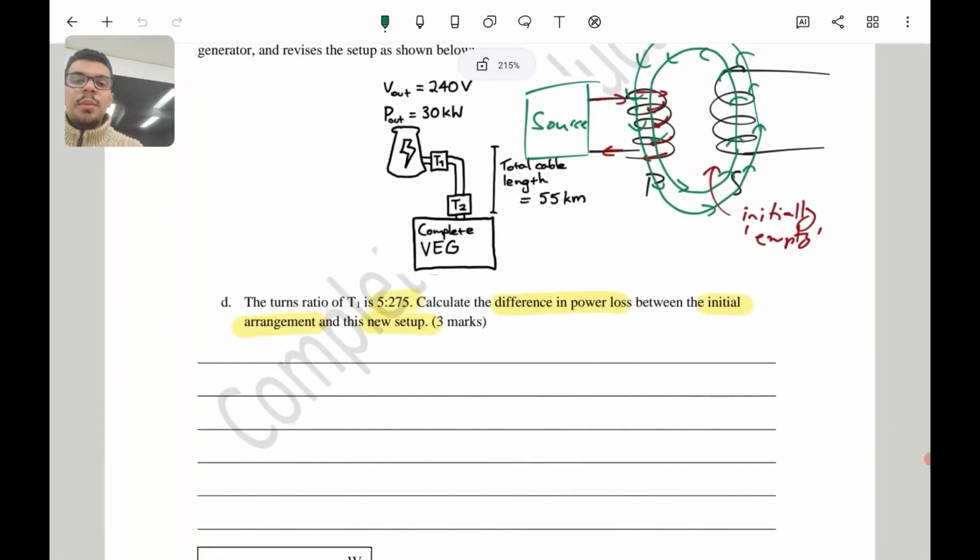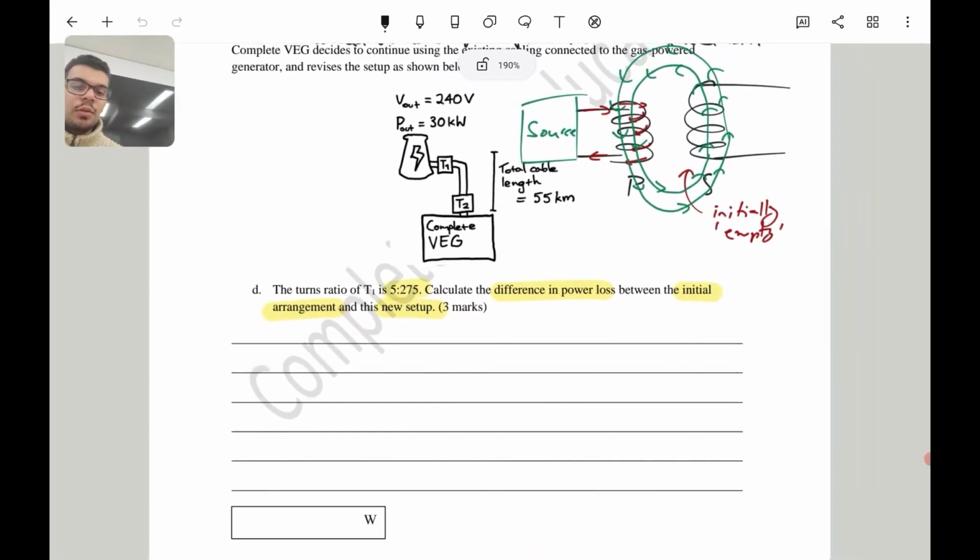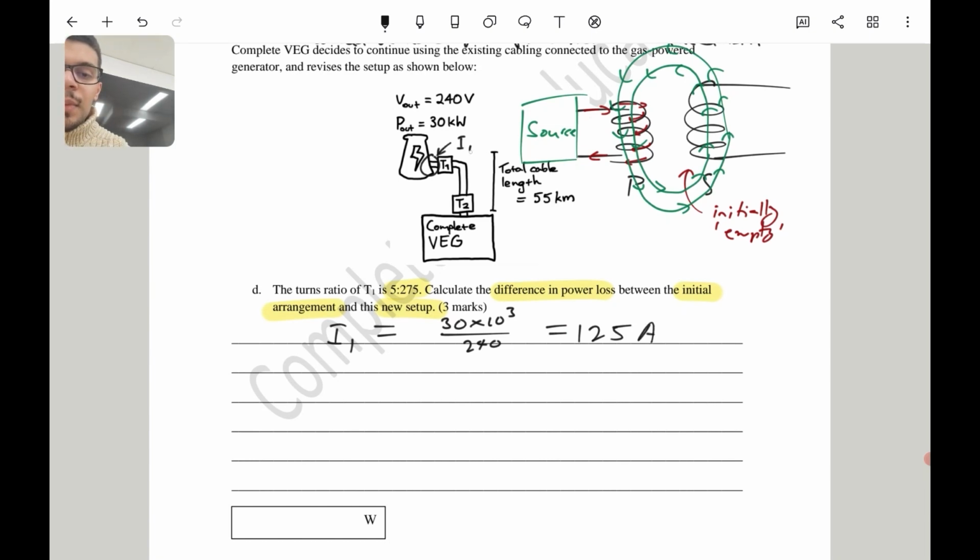We can write that down, but then afterwards we need to figure out the current in the transmission lines. So 30,000 divided by 240 will give us 125 amps. That's I1. So that is the current here, I1.